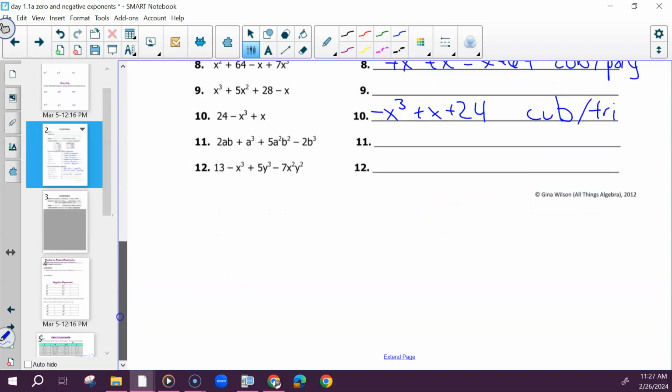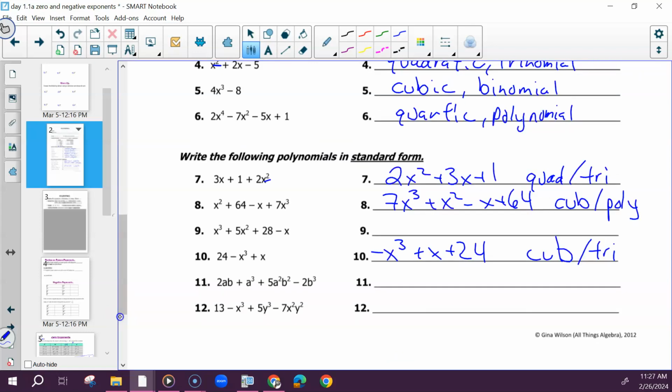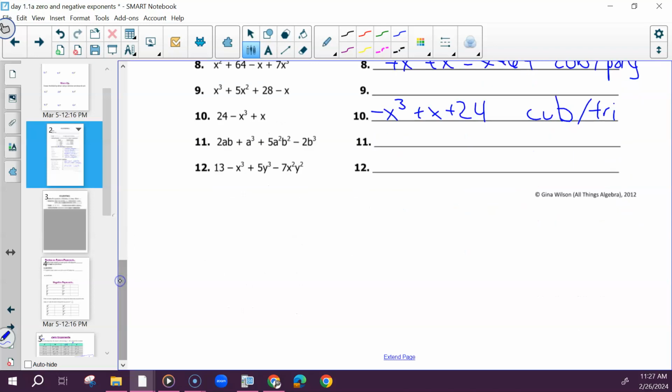Right. But 11 and 12 are a little different because we have mixtures of variables. So ABC order first. Look for A first. A also happens to be the highest exponent, so A to the 3rd will go first. Then decreasing exponent order with your ABC order still in place, so your 5A squared B squared.